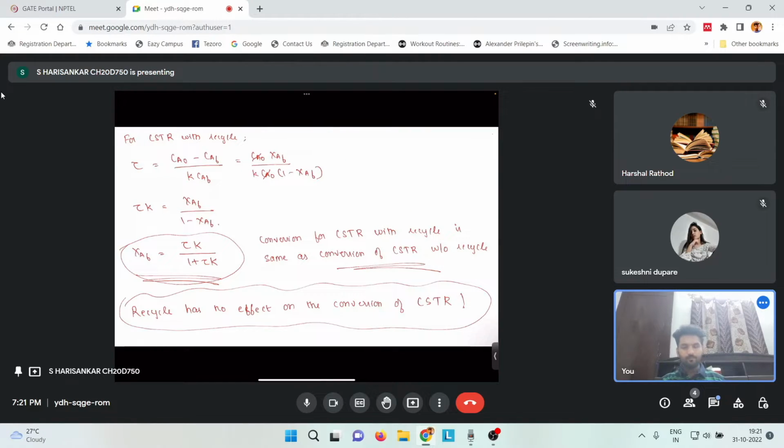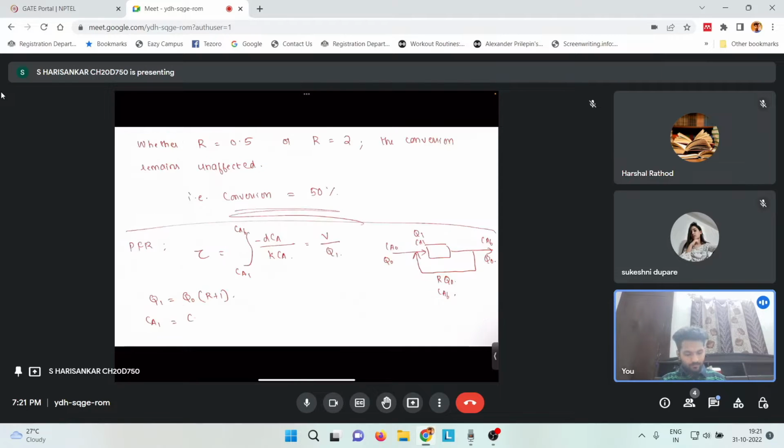Now the difference here is that our equation will become V by Q1, which is basically Q0 into R plus 1, and that will be equal to the integral of minus dCA by kCA, with CA1 now being CA0 plus RCAF by R plus 1, and the final concentration CAF.